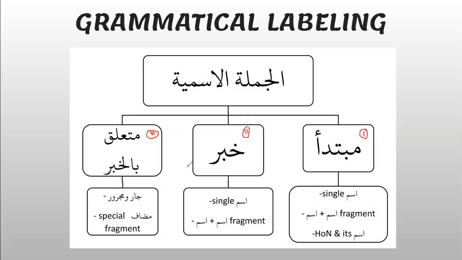Mubtada is the key essential part of jumla ismiya. A jumla ismiya cannot be possible without mubtada. If you want to translate that in English, mubtada is the subject of the sentence. Every sentence has a subject.